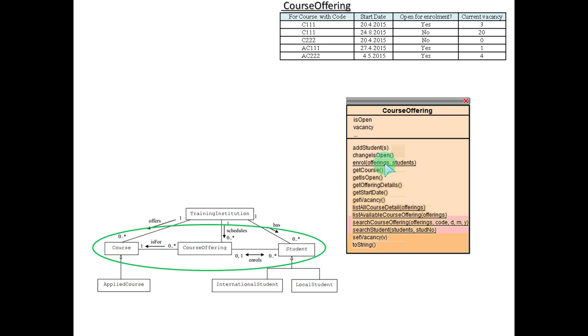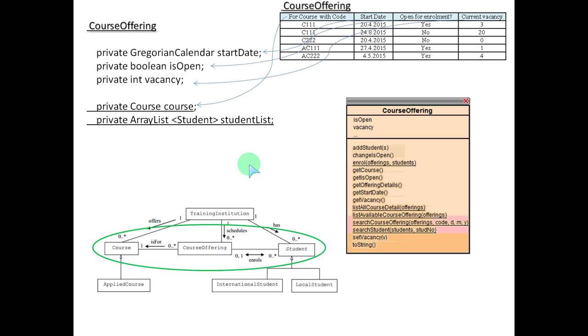So it's actually here, but you can see that it will spill over to the course and student classes. Okay, so now we can see that the course offering has three attributes: start date, whether it's open or not, and the number of vacancies. All three are here.